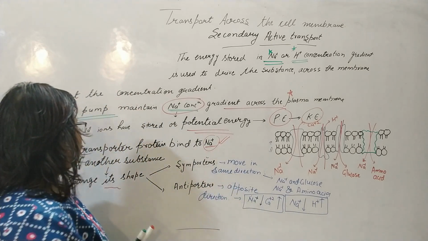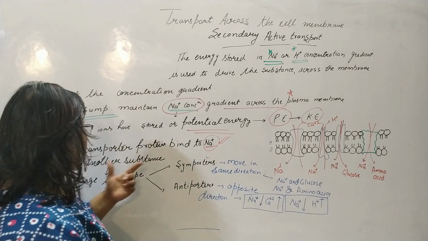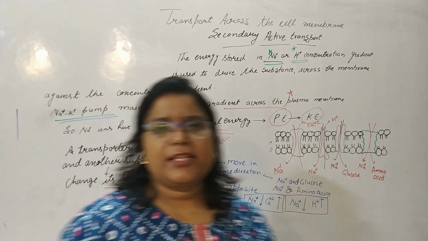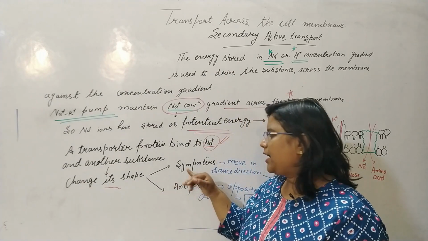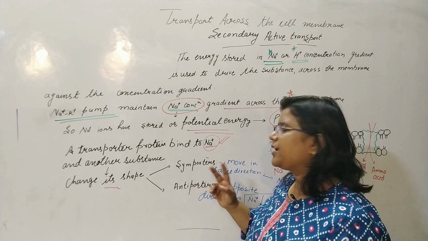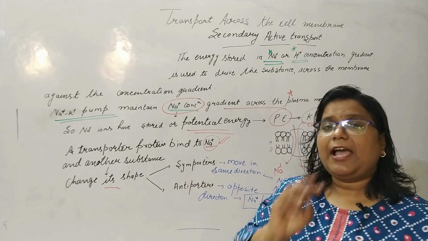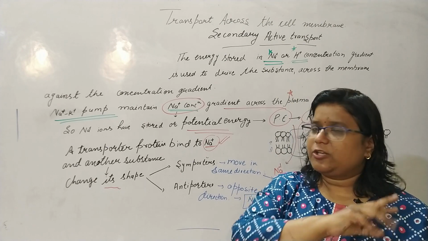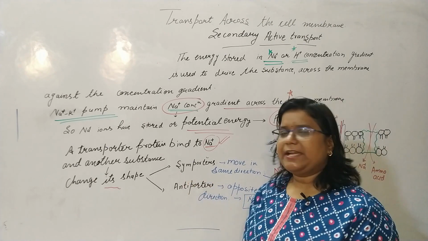So here the transporter proteins bind to the sodium and another substance. This changes the shape, and when they change shape they can help to move substances with two mechanisms, the symporter mechanism and the antiporter mechanism.